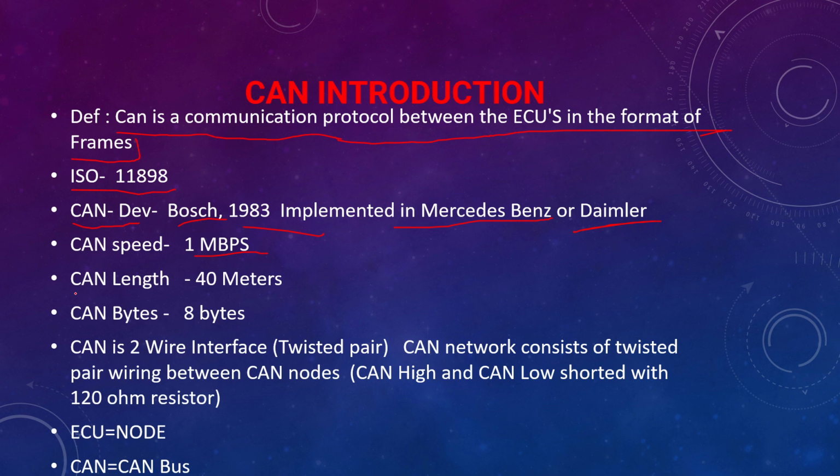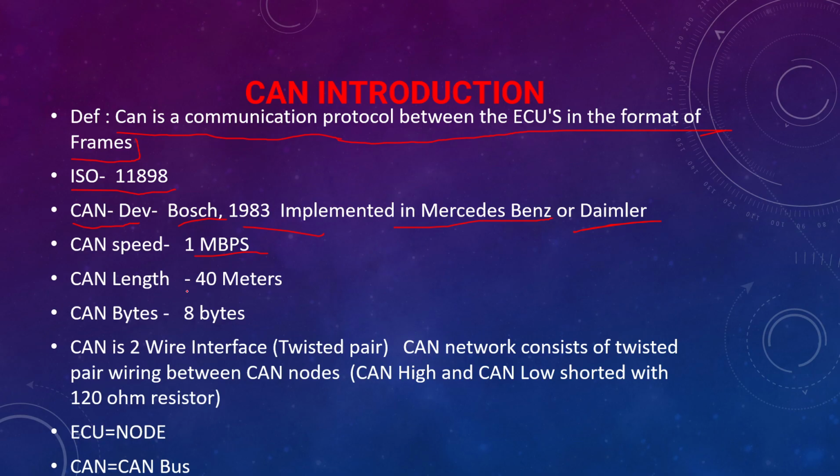If you increase it to 500 meters, the speed is 100 kbps. If you increase it to 1000 meters, the speed is 50 kbps. So if the length increases, the speed of data decreases in the CAN protocol.